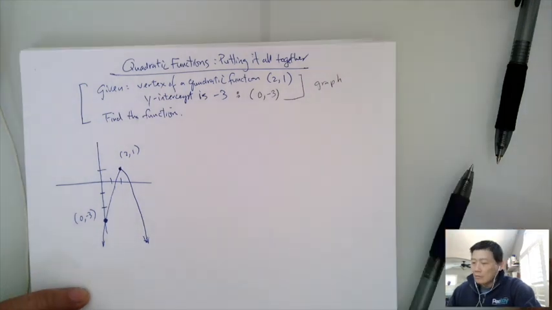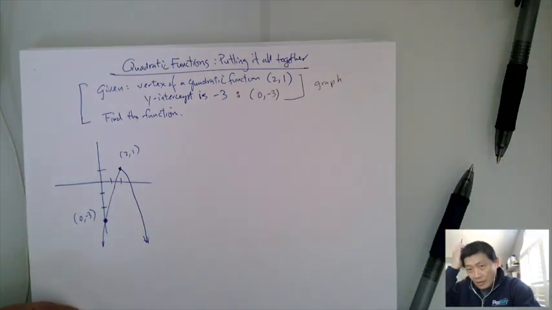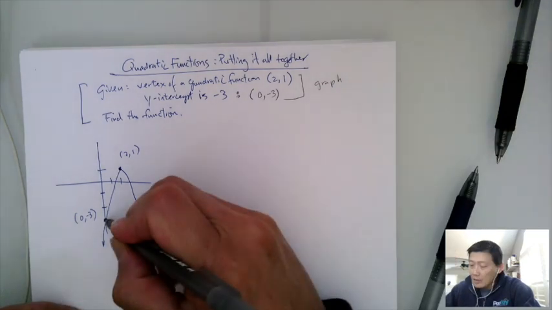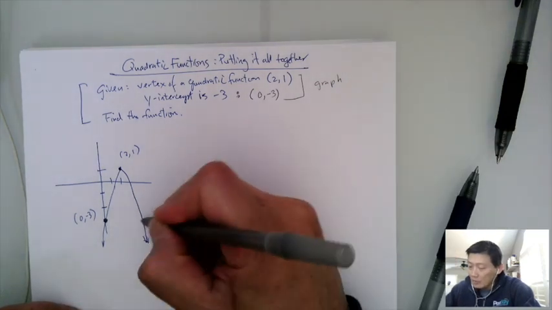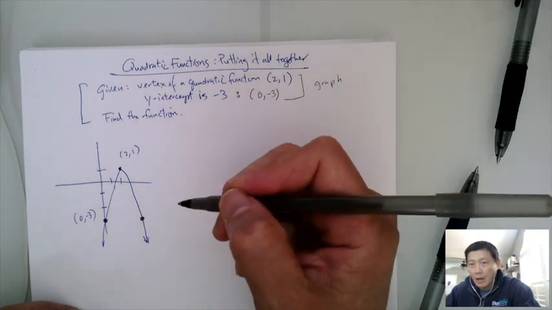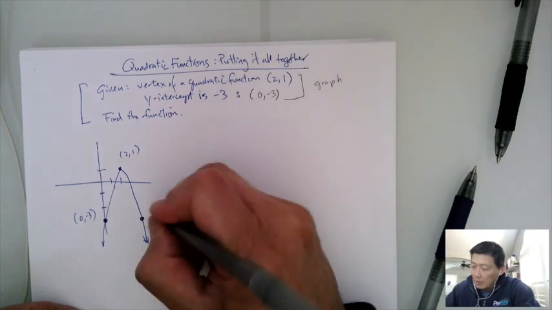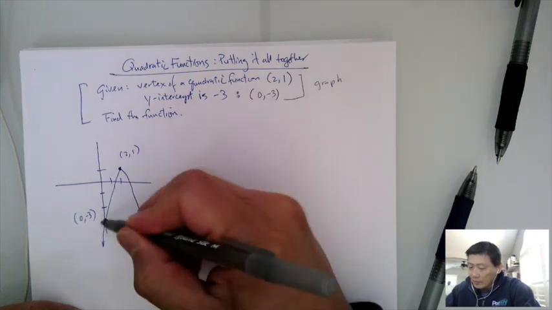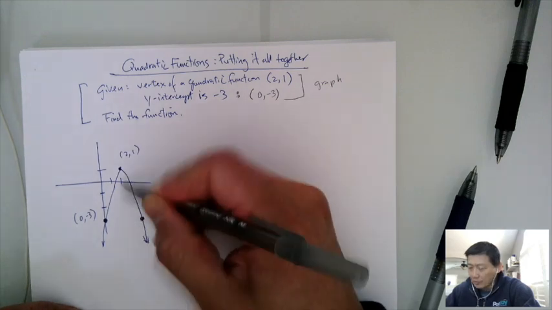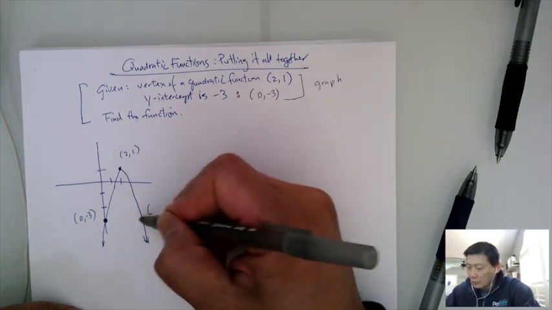Now, this graph will immediately help you understand that if I know this point right here, we must know the corresponding point on the other side of the parabola. If this point is 2 units away from the vertex horizontally along the x-axis, this must be 2 more units over here.